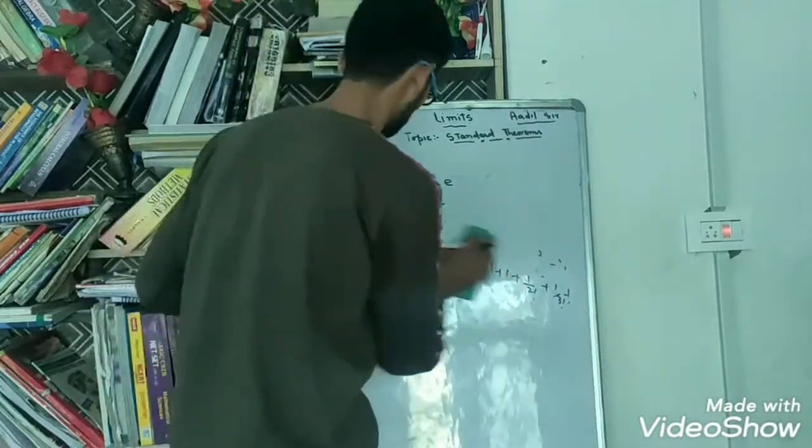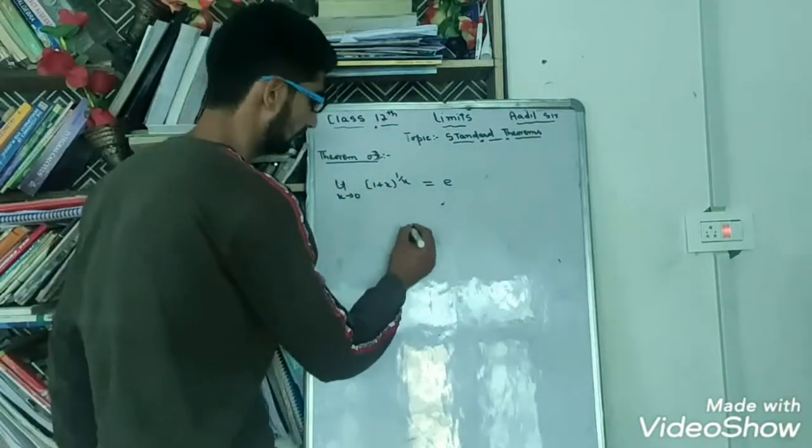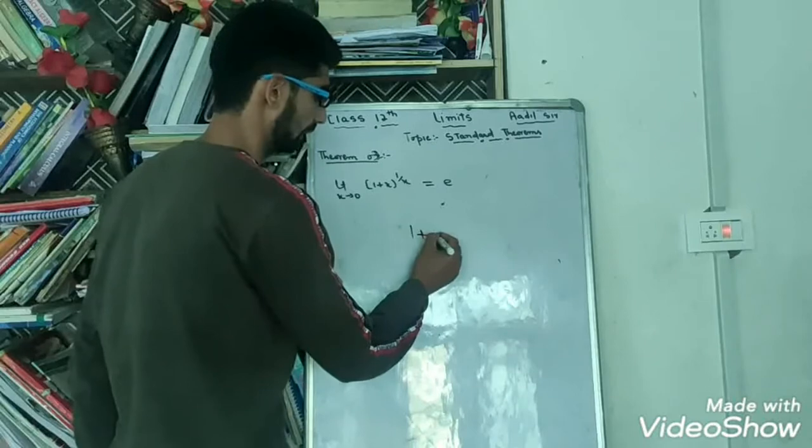So we know another result will be that (1 + a)^n.